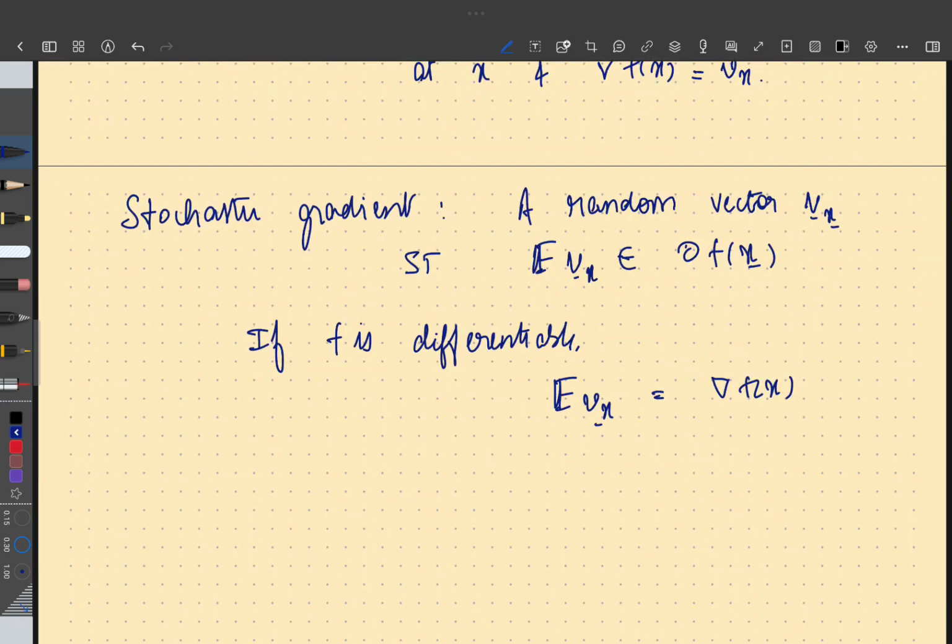This source of randomness comes somehow from the algorithm. We won't worry about where it comes from, but all of the randomness is independent of x and everything else to do with the function.